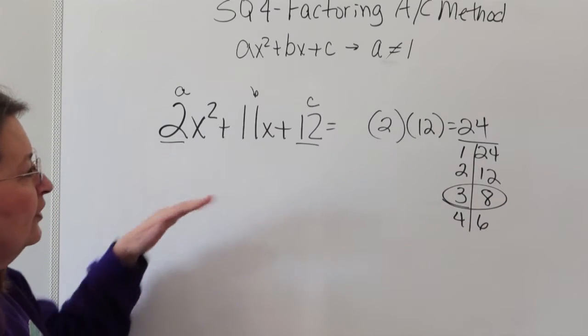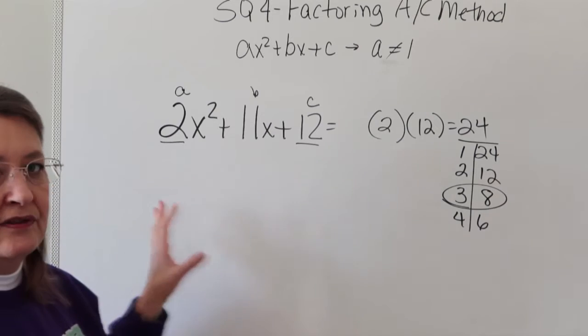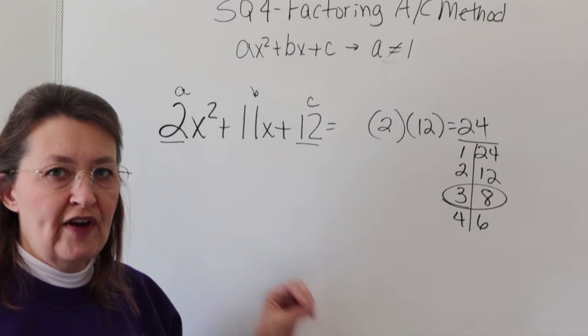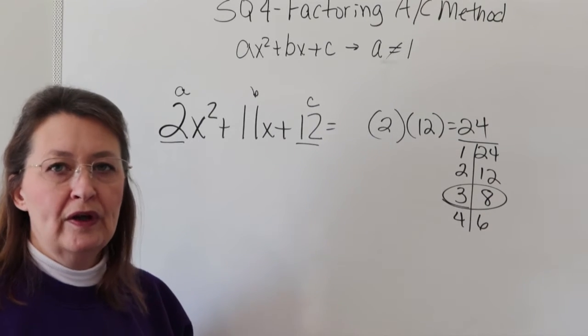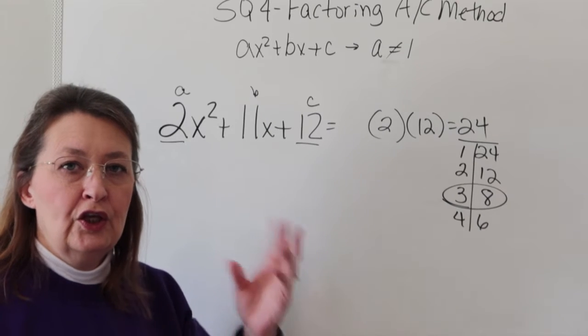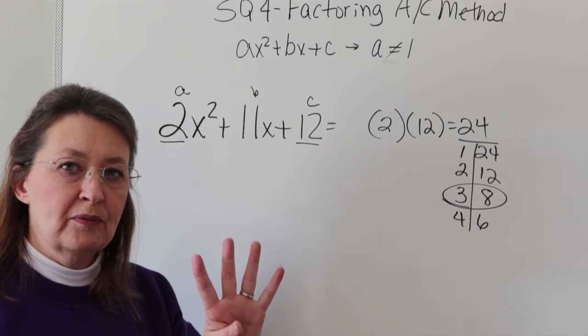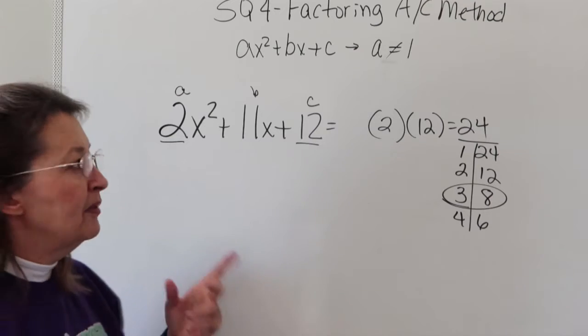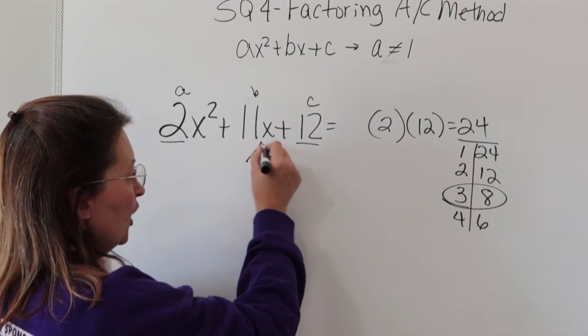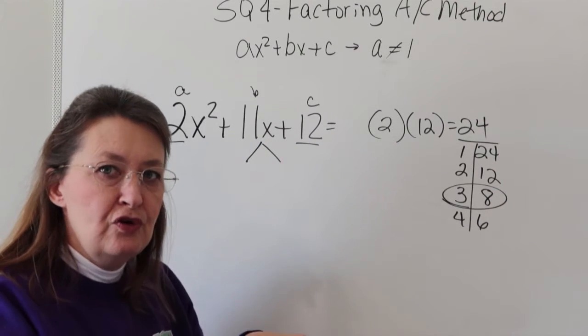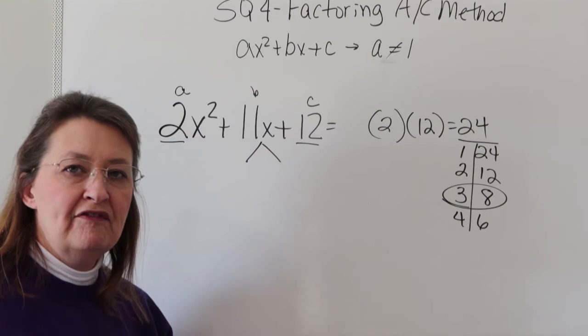Okay, that's where it stops being like the easy method because we're not done. We are going to create a situation where we can use factoring by grouping. What did you need to factor by grouping? You needed 4 terms. I only have 3. But if I take one of these terms and turn it into 2 terms, then I can factor by grouping.